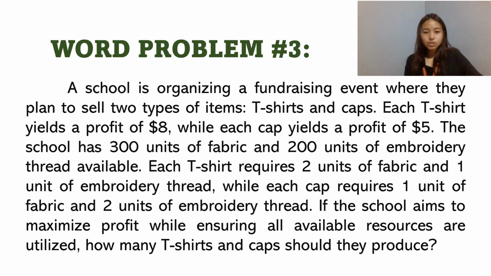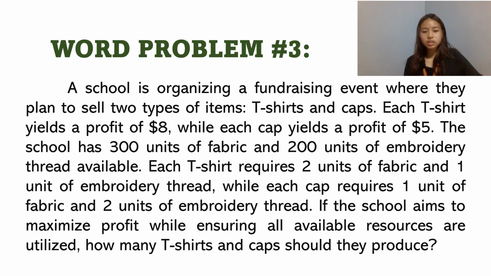So this is our word problem number 3. A school is organizing a fundraising event where they plan to sell two types of items, t-shirts and cups. Each t-shirt yields a profit of $8, while each cup yields a profit of $5. The school has 300 units of fabric and 200 units of embroidery thread available.